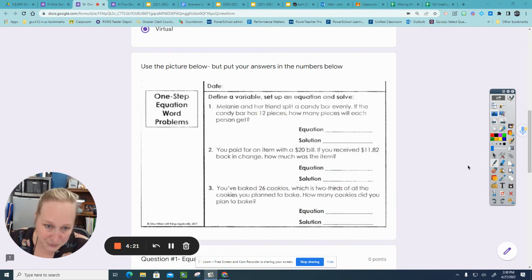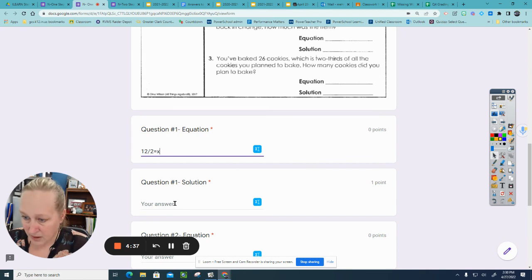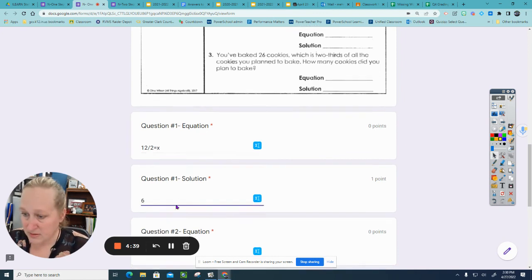So if I scroll down, hopefully my computer will let me. Okay. My equation for the first one was 12/2 equals x. My answer was 6.